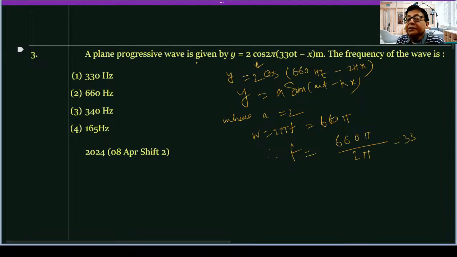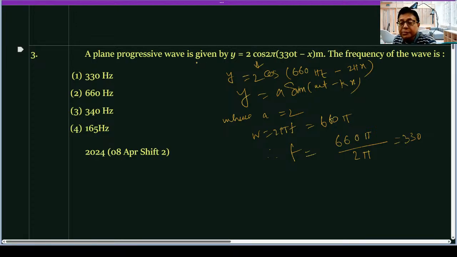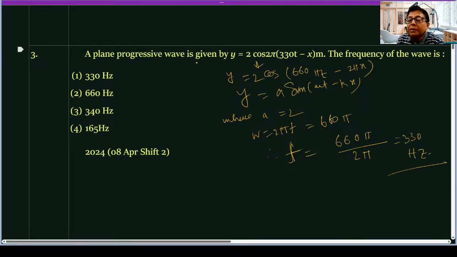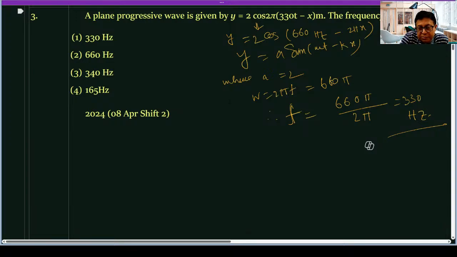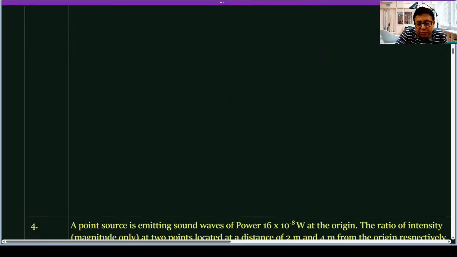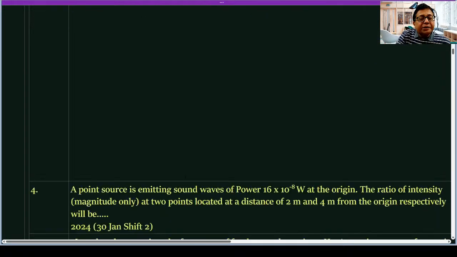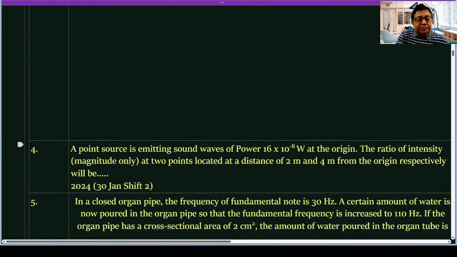That is 330. So this frequency is 330 hertz. Clear? Next time you start vibrating with different frequency, I will find a question like that. Let us go through number 4 first.